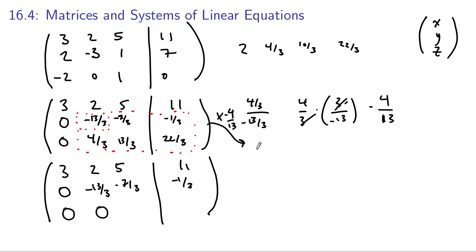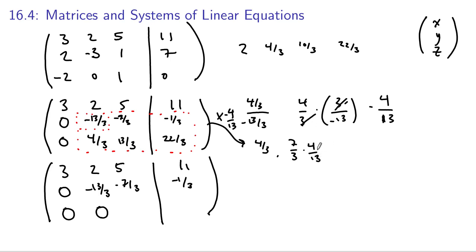Okay, we do that and we get 4 thirds, negative 7 thirds times negative 4 thirteenths. It's going to be a positive number, so 7 thirds times 4 thirteenths.